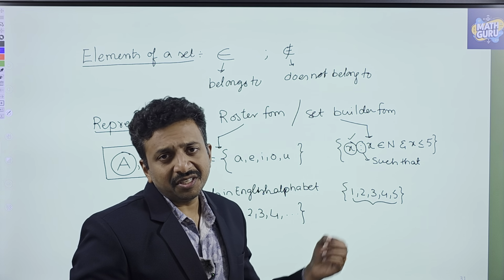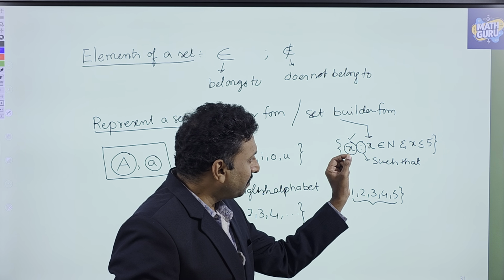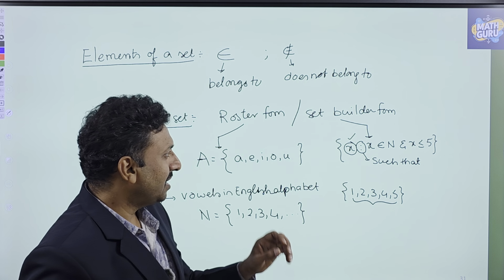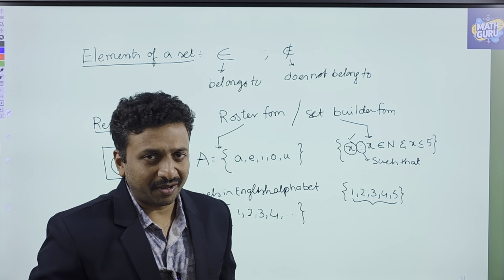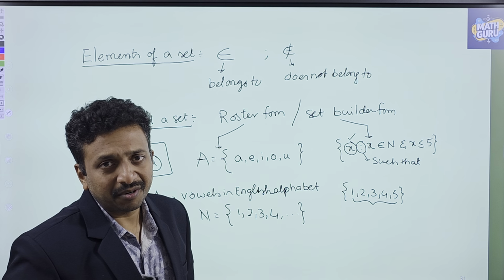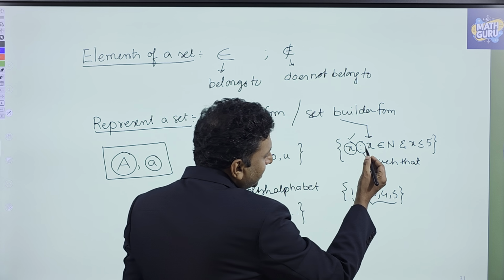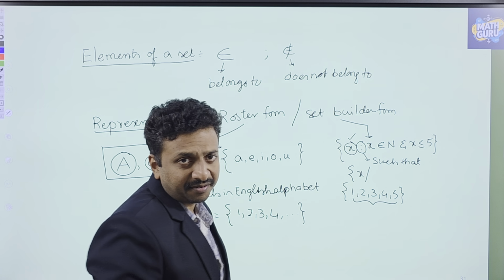Based on this definition, you can create this set. What is the property that this x satisfies? x is a natural number and less than or equal to 5. So what are the natural numbers less than or equal to 5? 1, 2, 3, 4, 5. So you can build the set using set builder form. Sometimes this 'such that' can also be denoted by a hyphen.